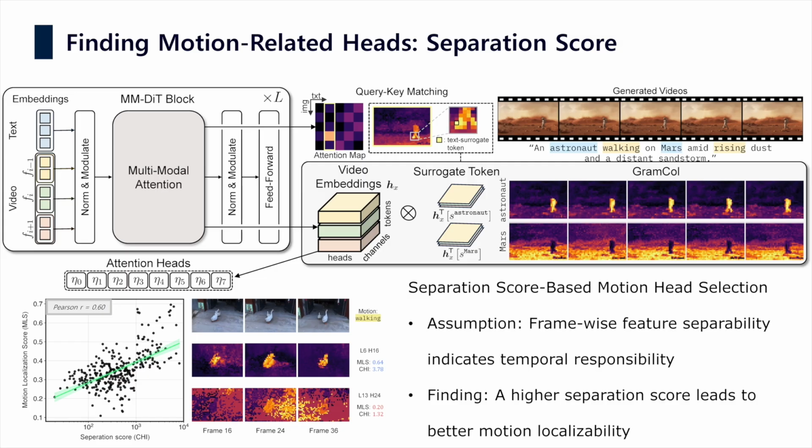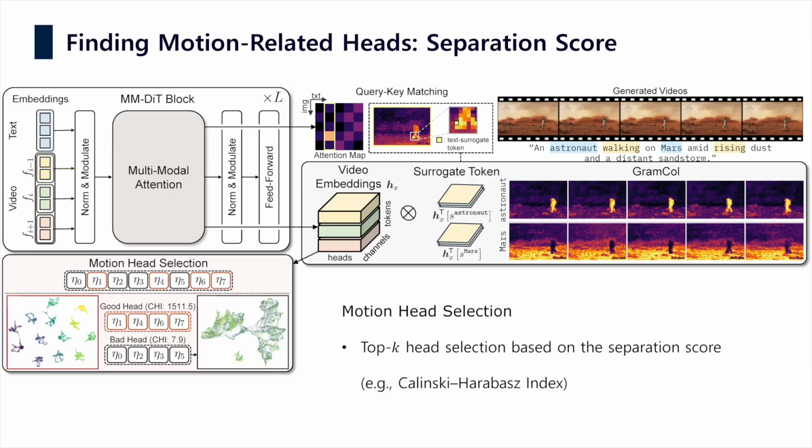Experimentally, heads with higher separation scores tend to perform better in motion localization. This supports the idea that frame-wise separability is closely related to temporal responsibility. Based on this, we introduce a top K-based motion head selection algorithm. This allows our method to filter video DIT features before constructing the motion saliency map.